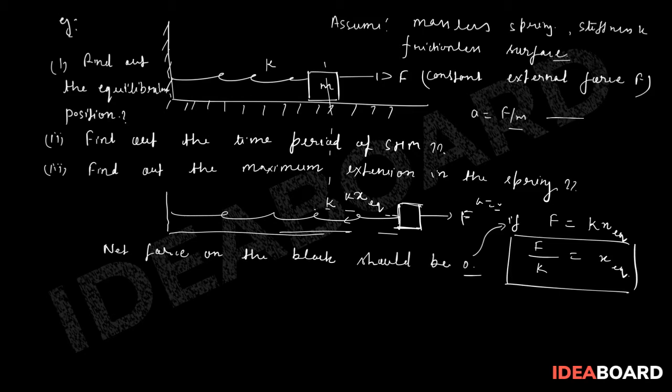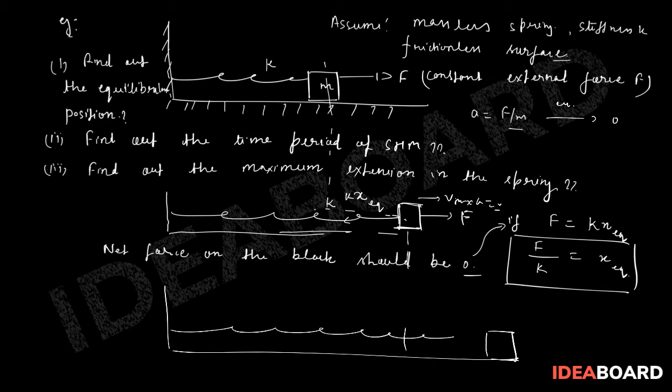That means acceleration is decreasing up to the equilibrium point to 0, so the particle will attain a certain velocity at this moment, and that will be the maximum velocity. So the particle will not stop here. Let's say the particle stops further after traveling a certain distance. Let's say the particle stops here.